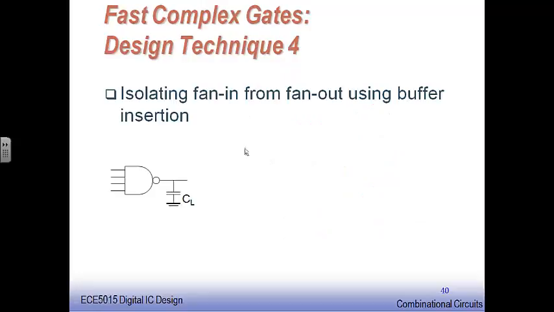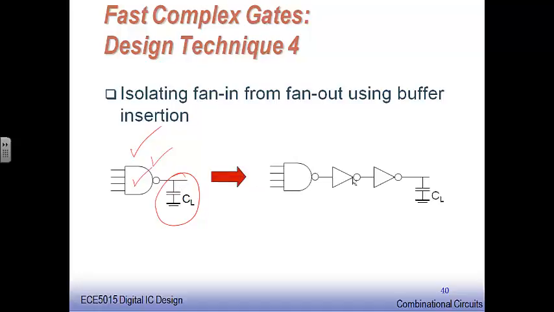The fourth design technique would be to isolate the high load capacitance to be driven by the gate that I have, through the use of buffers in between. This is two inverters connected alternately. You form a buffer, I can say. Now this buffer arrangement isolates the high load capacitance from this.